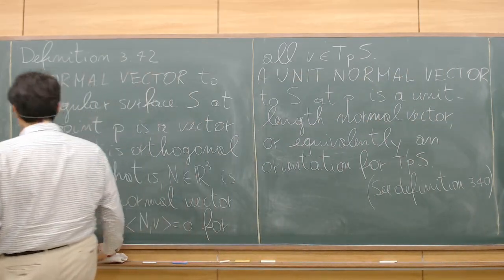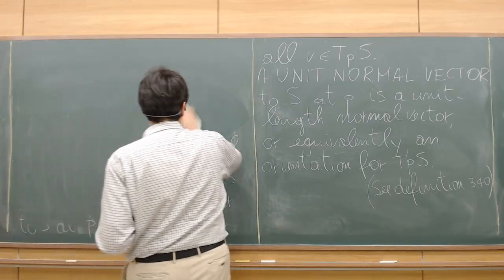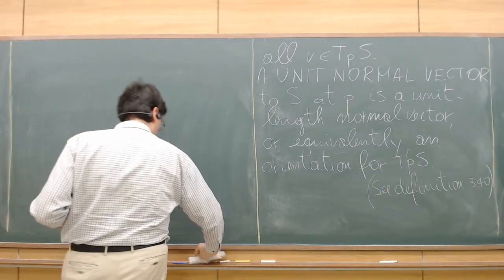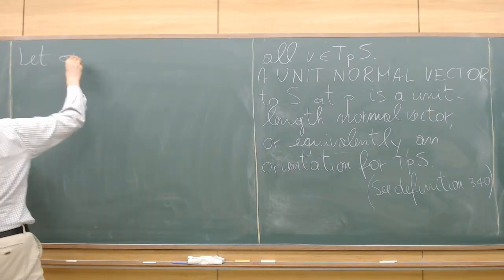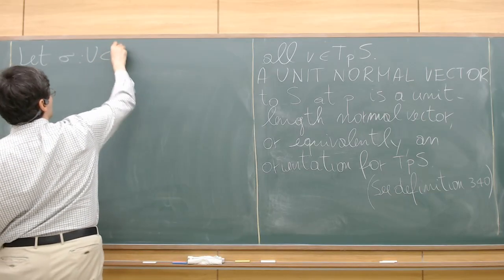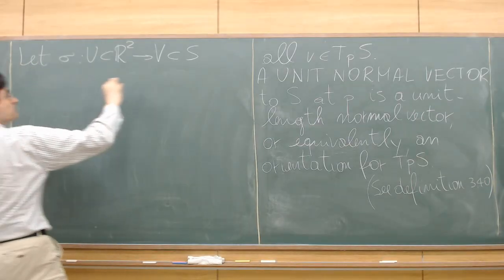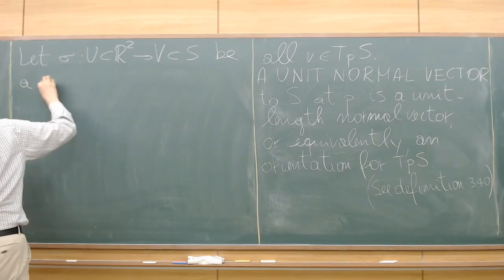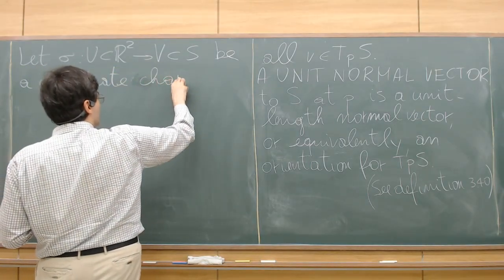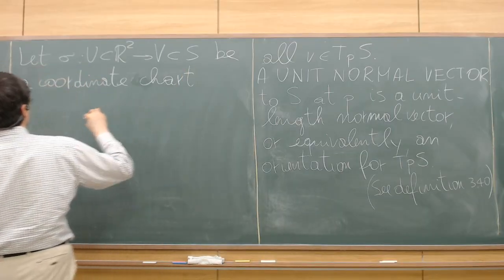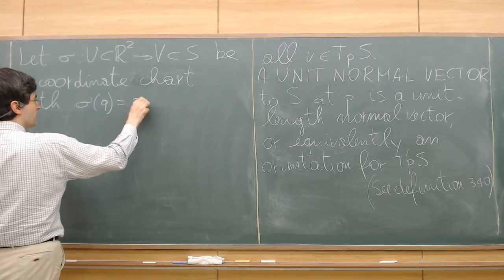Now let's suppose that we have a coordinate chart sigma defined on the open set U of R2 with values in V contained in S, with sigma of Q equal P.